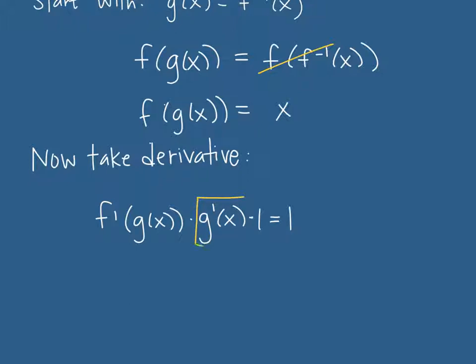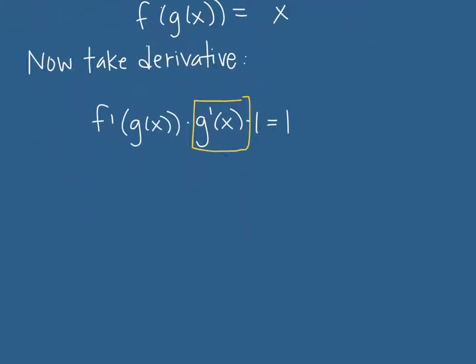We would like to get this part by itself. So what do I do to both sides? So all I want to do is get that yellow square by itself. I just divide, for sure.